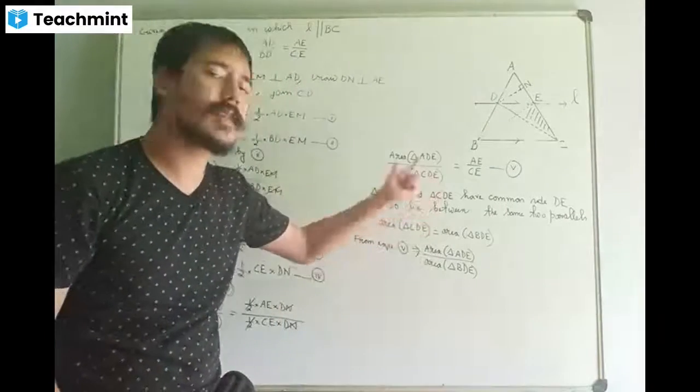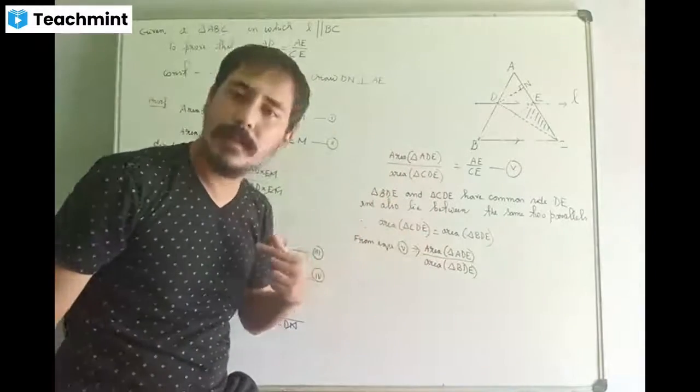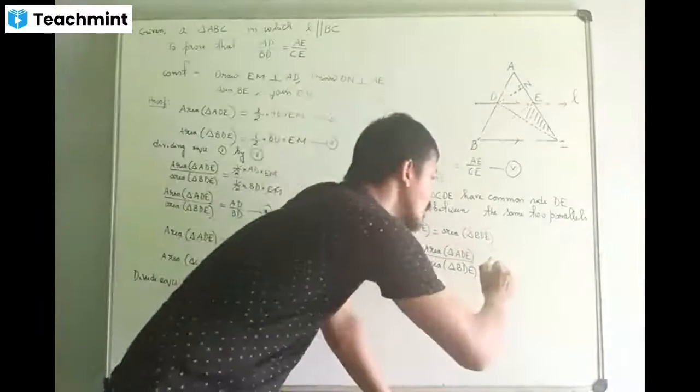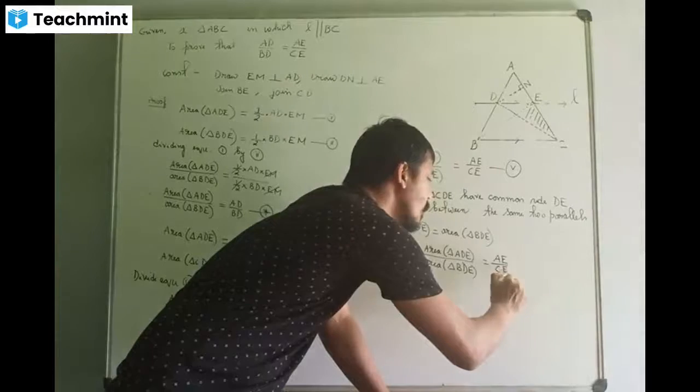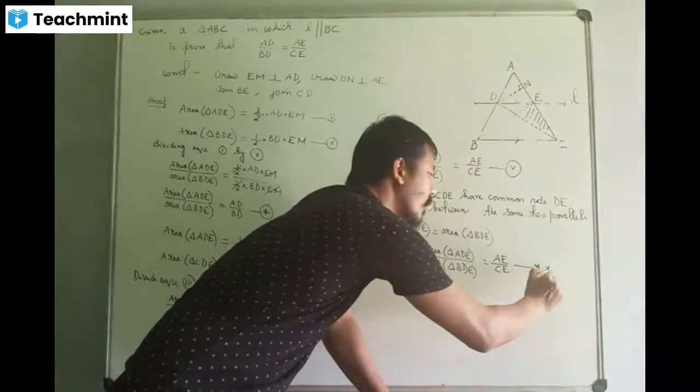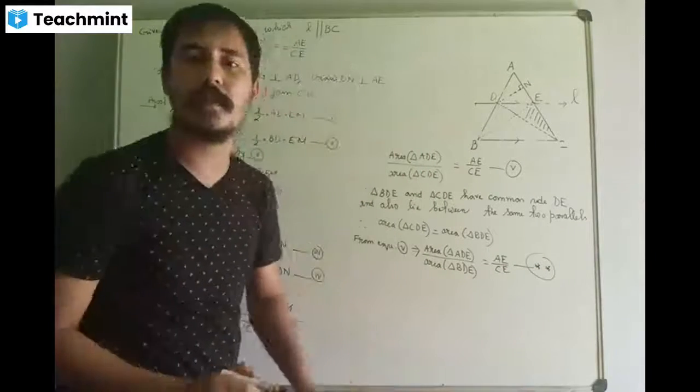Right hand side as it is from equation 5, AE upon CE. So this is your equation double star.